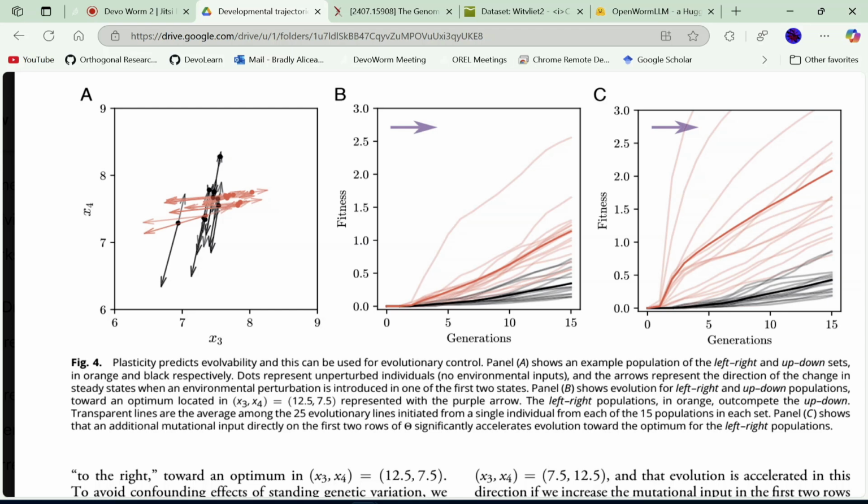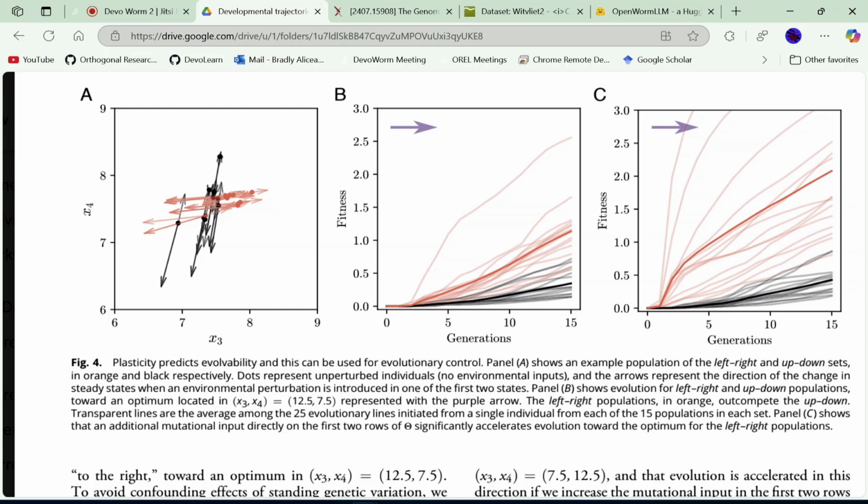Panel A, which is on the left, shows an example population of the left, right, and up-down sets in orange and black respectively. Dot represents unperturbed individuals, no environmental inputs. So you can see the dots underlying that. And arrows represent the direction of the change in steady states when an environmental perturbation is introduced in one of the first two states.